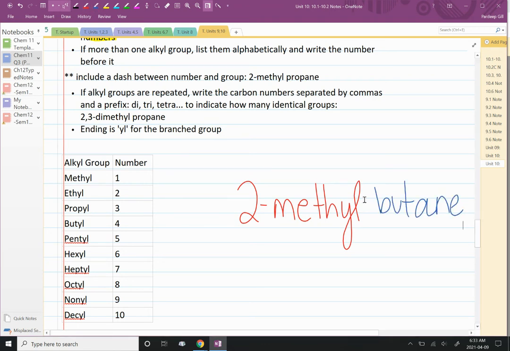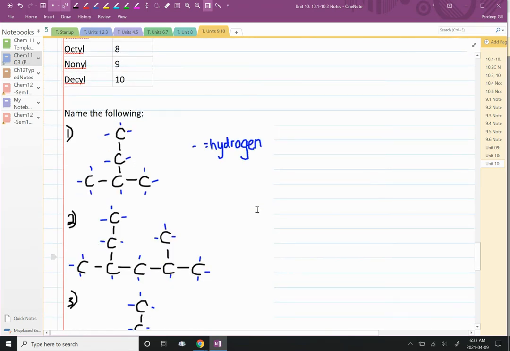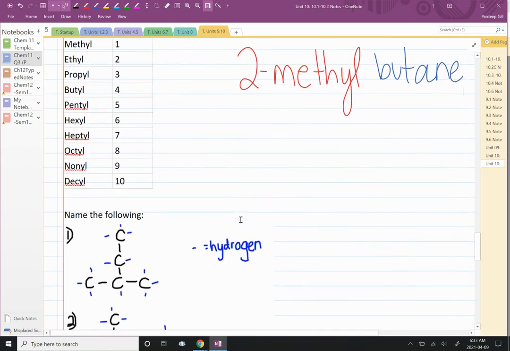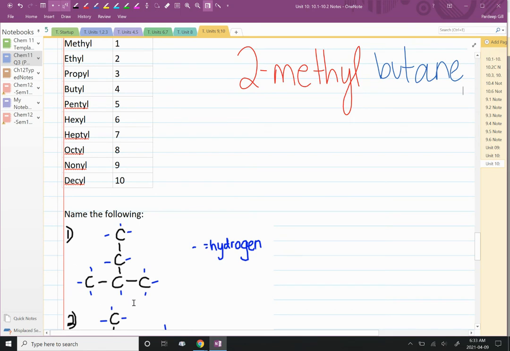And that's all. Now let's take a look at this one here. So we're assuming there's hydrogens all around. This is just more for practice. So let's say we want to name this compound here. You identify the parent chain. So that's 3 carbons, but you can also get a parent chain going in this direction.